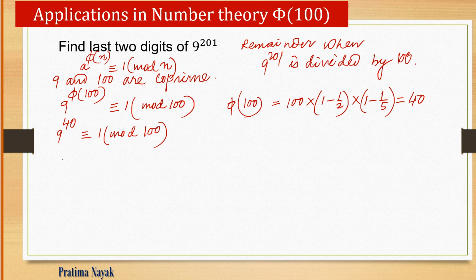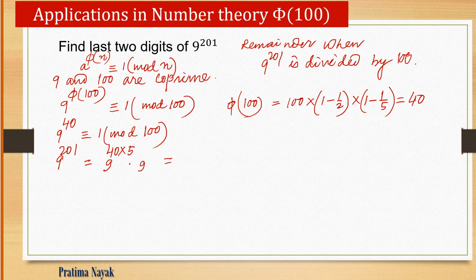So 9 power 201, I'll write in terms of 9 power 40. It can be written as 9 power 40 multiplied by 5, that will be 200, and another 9 power 1.